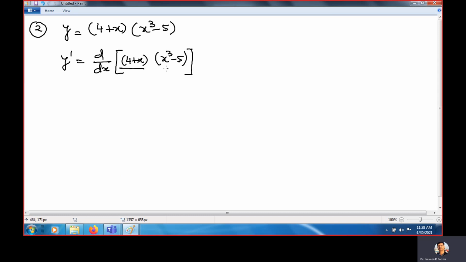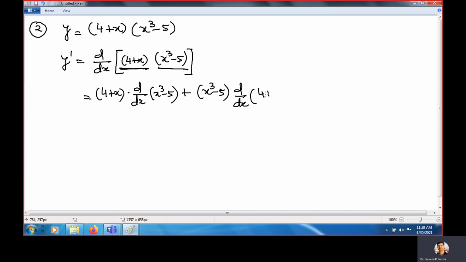This is the first function, this is the second function. So what will it be? First function, differential of second, plus now second function and differential of first, 4 plus x.